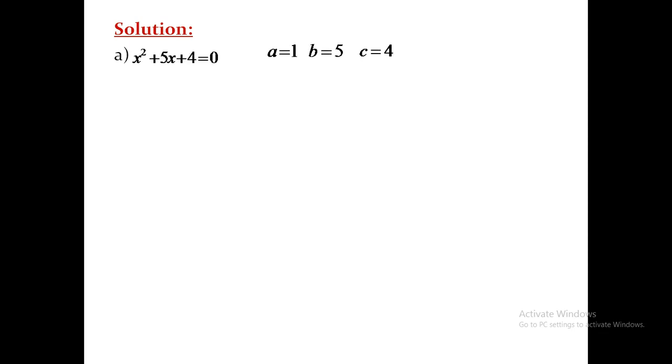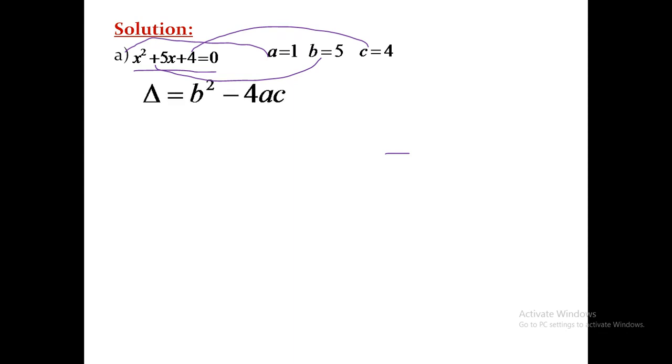Look here, I have the quadratic equation x squared plus 5x plus 4 equal to 0: a equals 1, b equals 5, c equals 4. Delta is b squared minus 4ac.